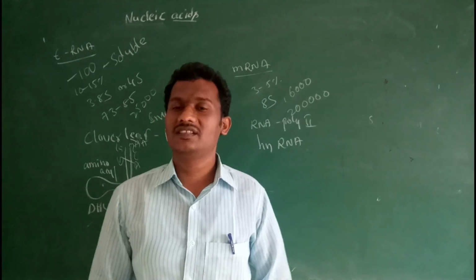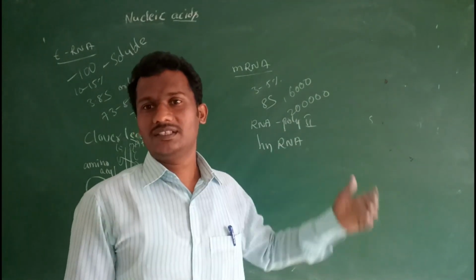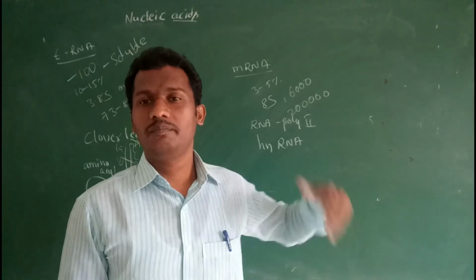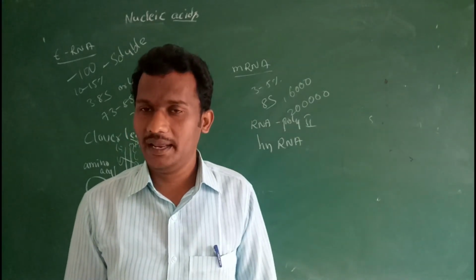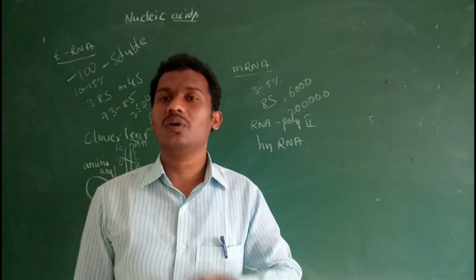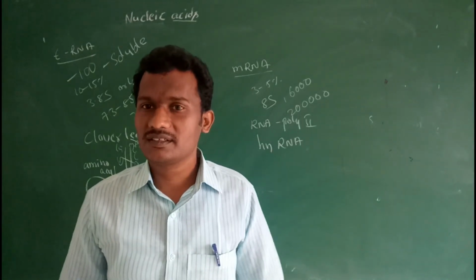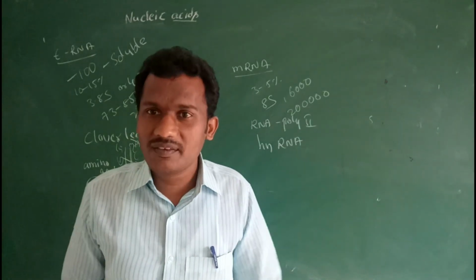In prokaryotes, no processing is required for this newly formed RNA to become active mRNA. Why? Because in prokaryotes there are no non-coding sequences. All are coding sequences, that means all are functional sequences.